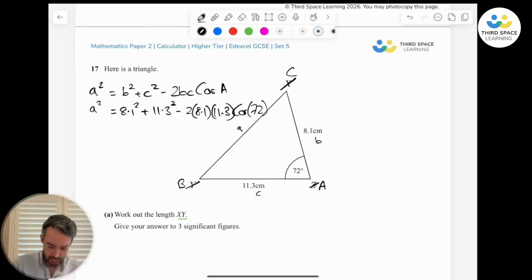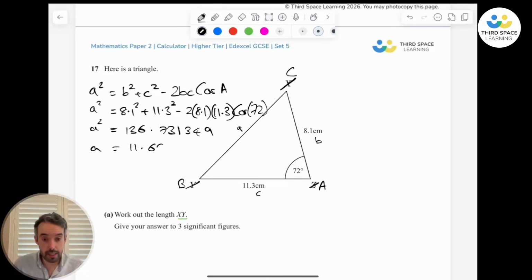There it is. And then let's pop that straight in the calculator really carefully, and we get 136.731349. And then let's take the square root. So we get 11.69321808. Always a good idea to write down the whole calculator screen.